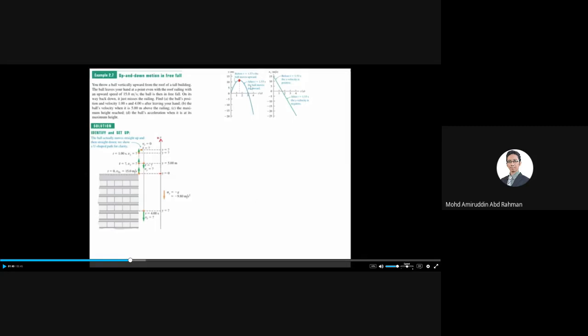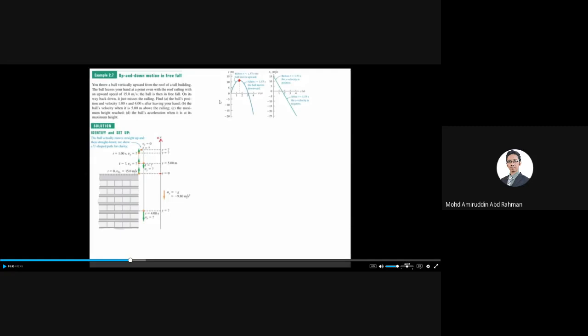Let's see on the graph, it says at t equals to 1.53 second. So at t equals 1.53 second, that's where the Vy is equal to 0. And then it changes to negative, because now the speed will be affected by the constant acceleration due to the gravity.